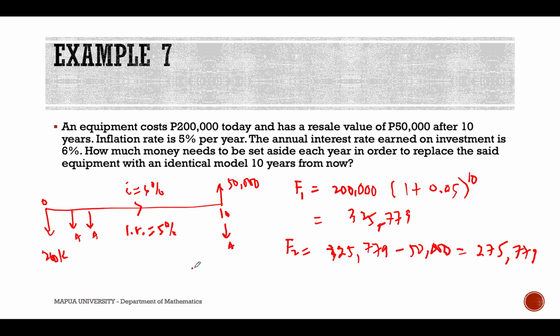So this will be a future value, 275,779, which is equal to A over I, which is 0.06, multiplied by 1 plus I, so 1.06, raised to 10 years, and then minus 1.